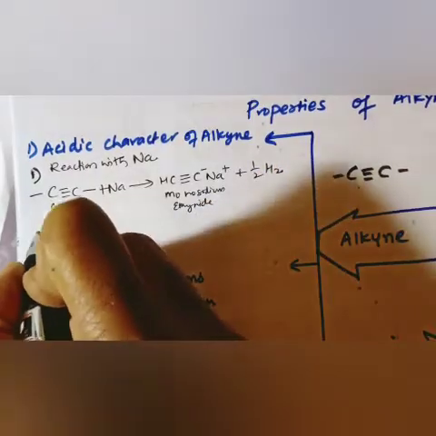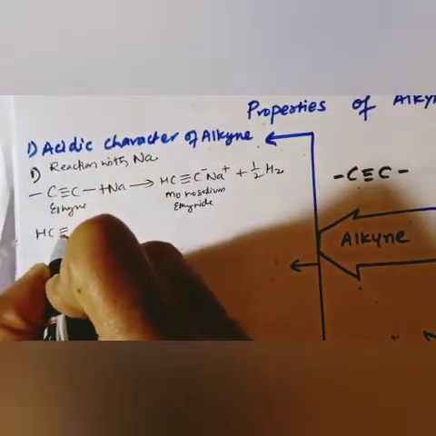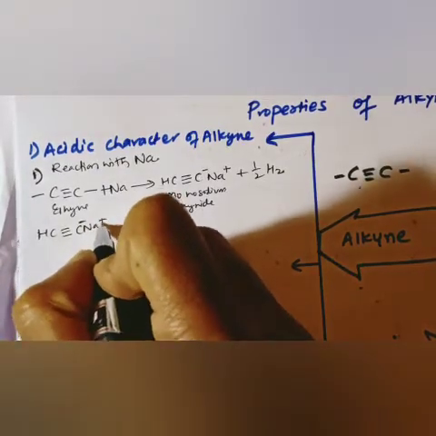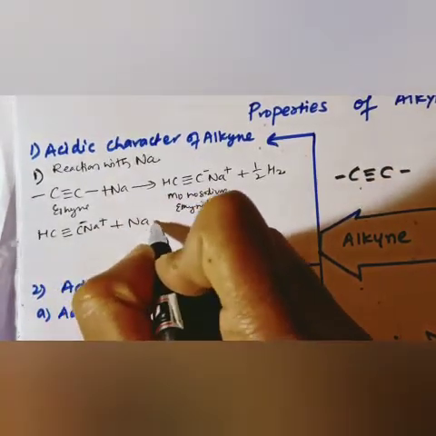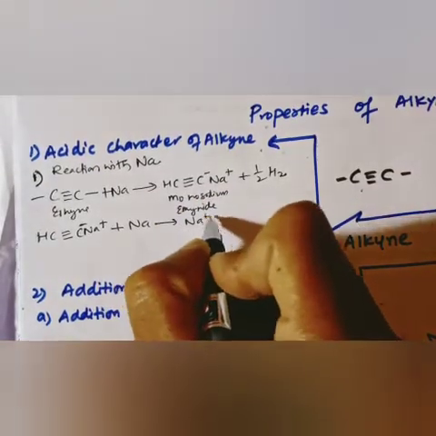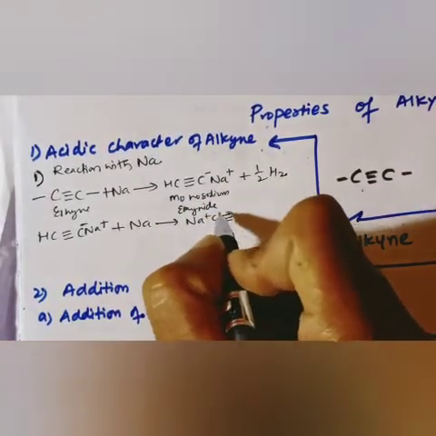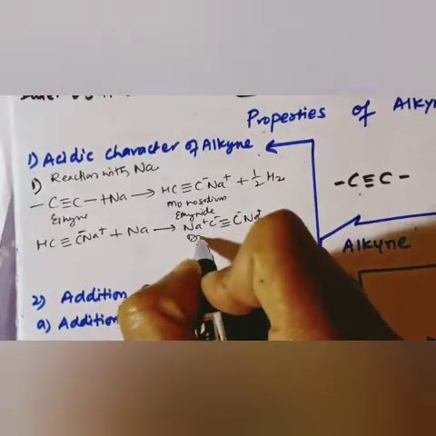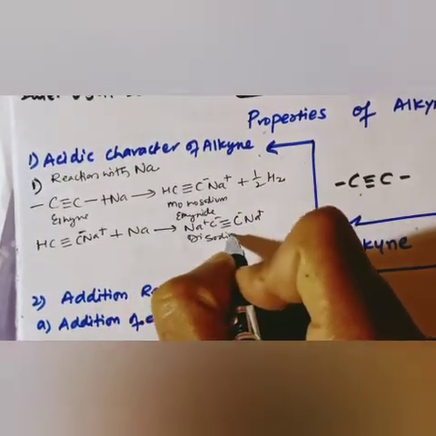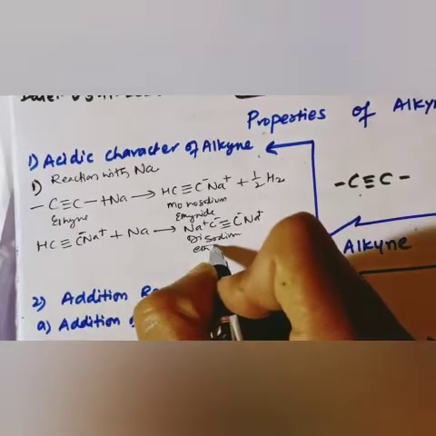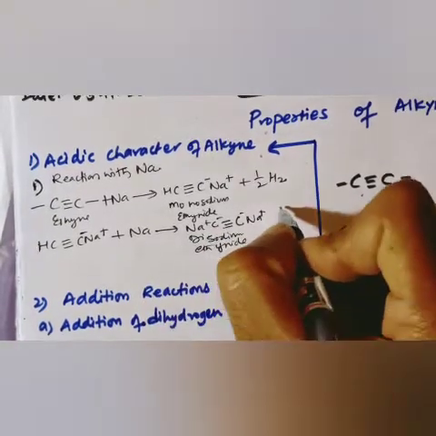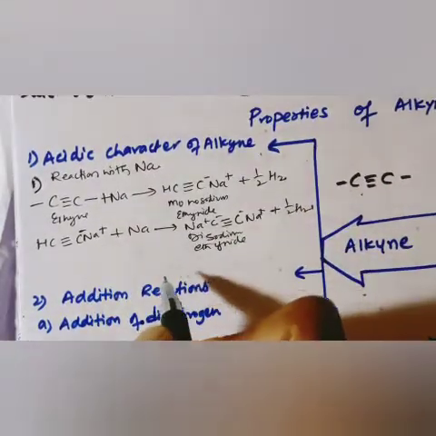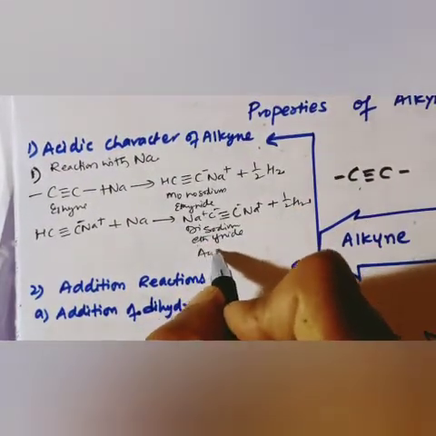This HC triple bond C negative Na positive will further react with sodium and give us Na positive C negative triple bonded C negative Na positive, that is disodium ethynide. So this is the type of reaction, and this is acidic in nature.